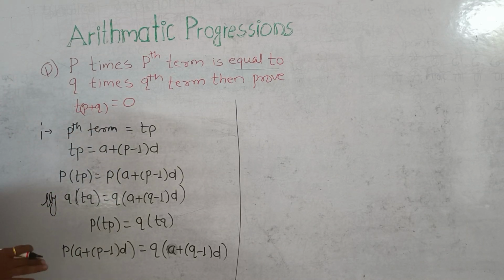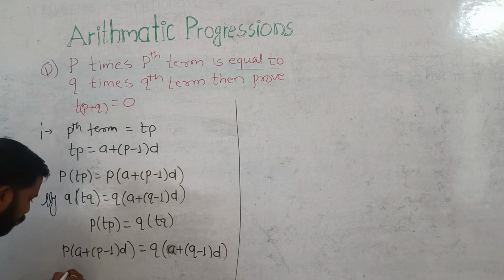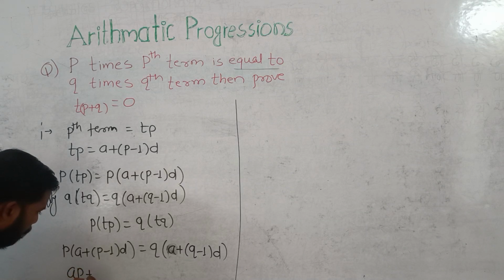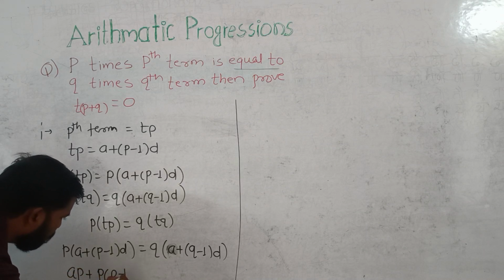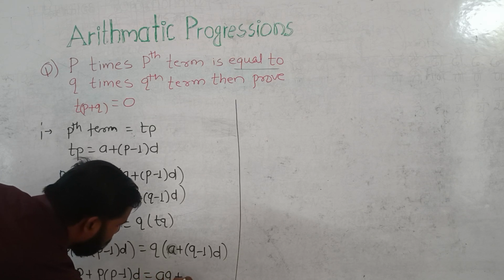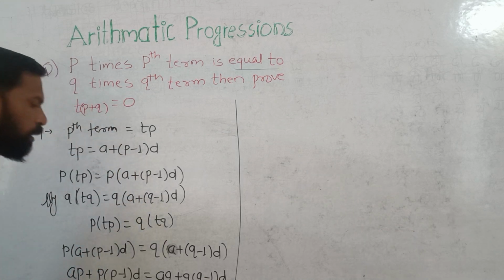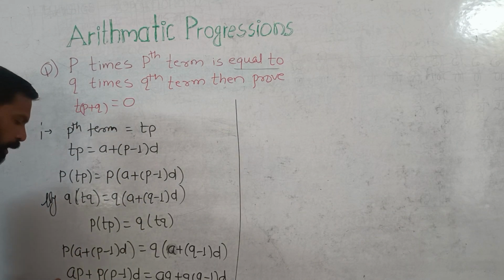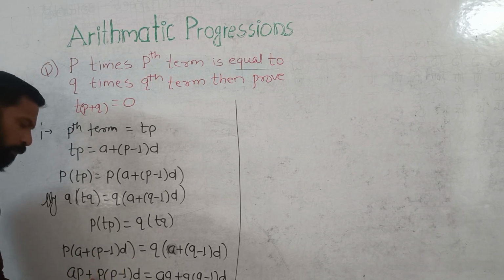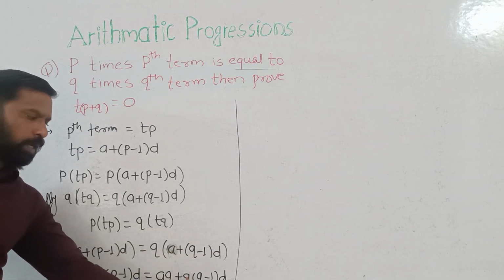Now I am going to solve both the sides, this side by p and this side by q. So it will be written as ap plus p into (p minus 1) into d, and aq plus q into (q minus 1) into d. I have solved this side by p: p into a, ap, p into this term; q into a and q into the next term.